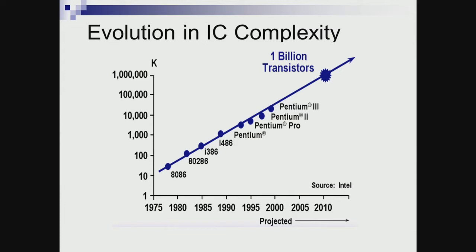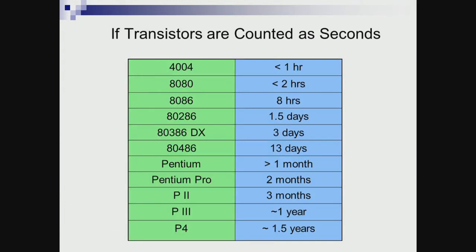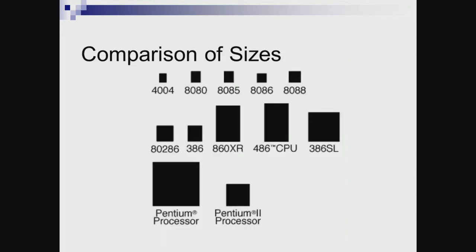Now, if you actually count the number of transistors in seconds, this is the Intel released data. The 4004 has less than 1 hour, that means less than 3600 transistors. The 8080 is about 2 hours, while the P4 is around 1.5 years, so 1.5 into 365 into 24 into 60 into 60, that many seconds, that many transistors were there in the P4 as you see here.